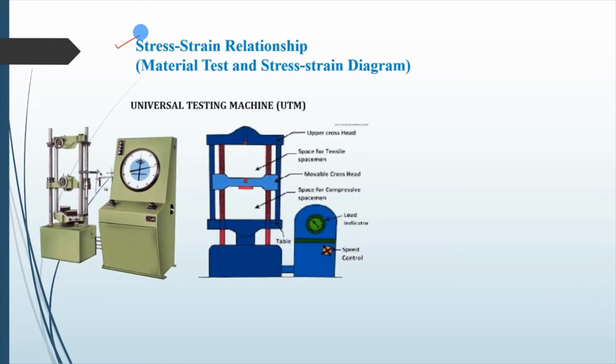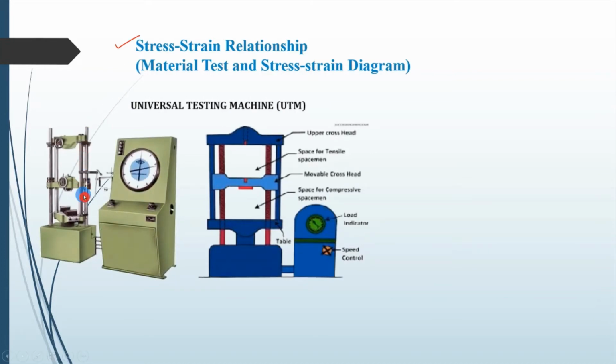So we'll start with the stress strain relationship, actually the basics of the stress strain relationship or stress strain diagram. That relationship is found by testing the material on a UTM, that is a universal testing machine.